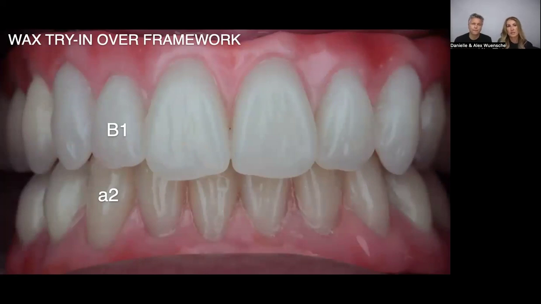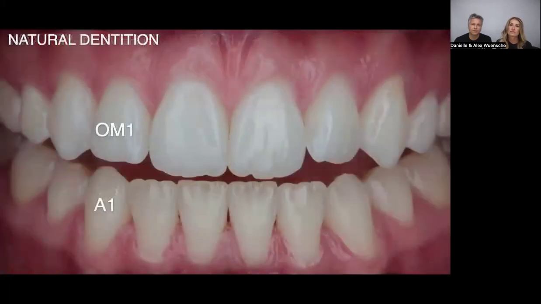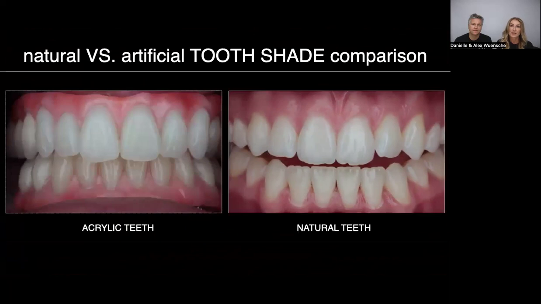So here we did a wax try-in over the framework and verified everything again. And this is a really nice case where we can point out the differences between Mother Nature and us trying to create this most beautiful smile, and everything matches perfectly. We did a lighter shade on her upper and a slightly lower value on her lower teeth, and it turned out beautifully.